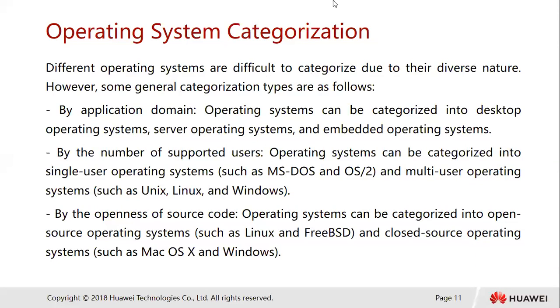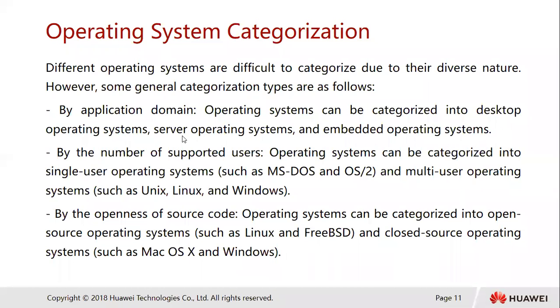Operating system categorization. How do we categorize the operating systems? One, by application domain. This is where we have desktop operating system, server operating system, and embedded operating system.